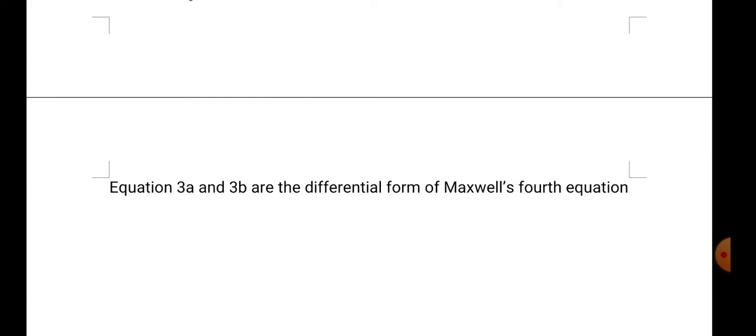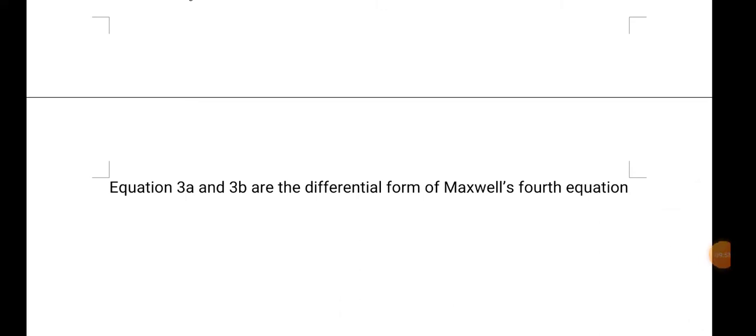We know the electric displacement is equal to epsilon 0 times the electric field, so this equation can be written as del cross H bar is equal to J bar plus epsilon 0 del E by del t. These equations 3a and 3b are the differential forms of Maxwell's fourth equation.